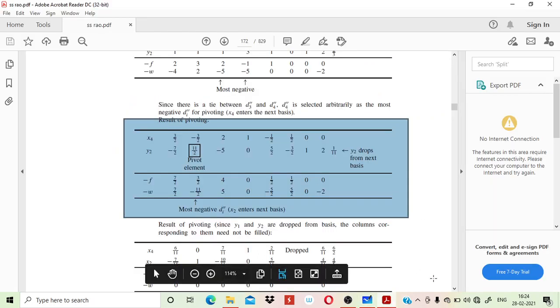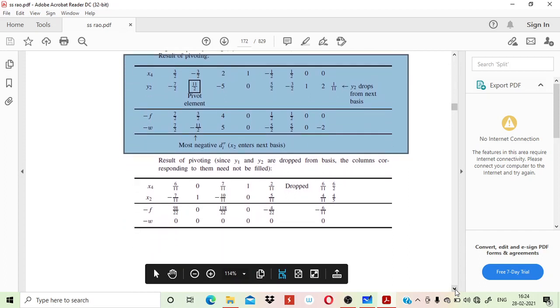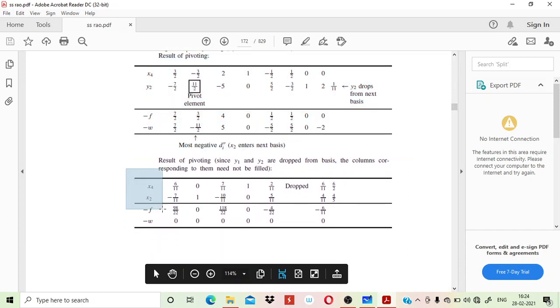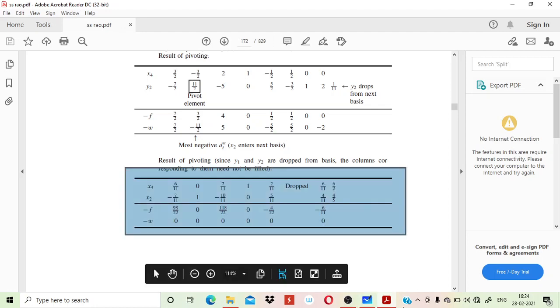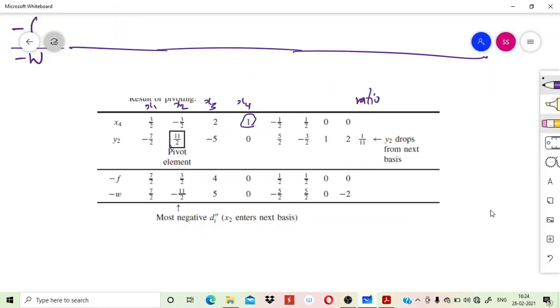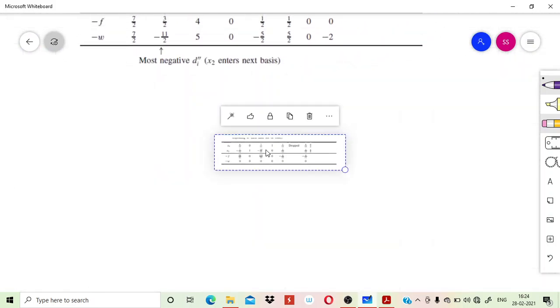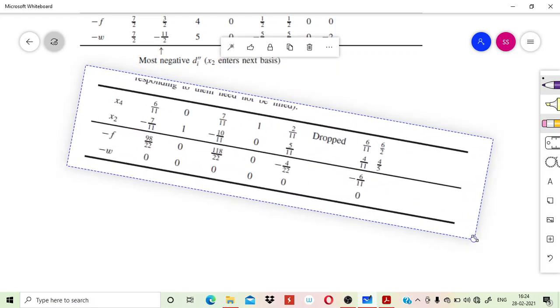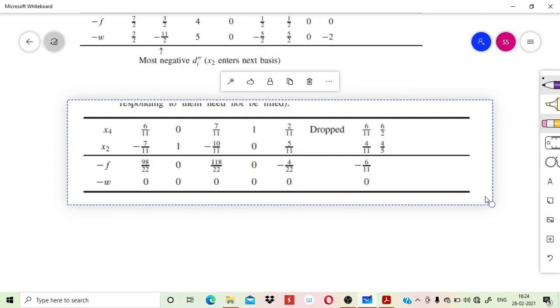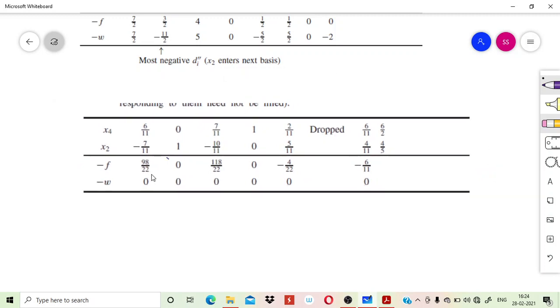We got this. Here y2 left and x2 entered.